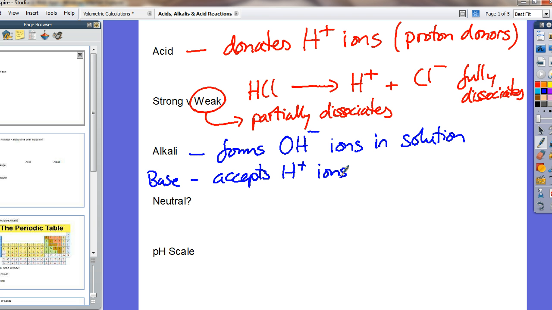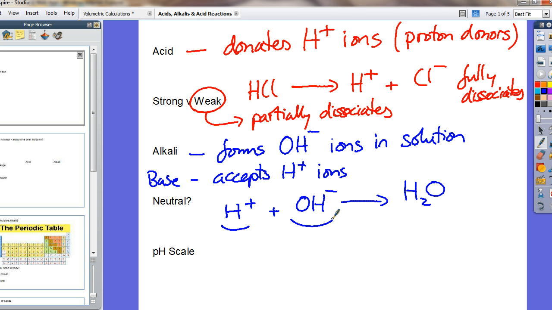So you can see that acids and alkalis react by combining H plus and OH minus, and if those combine, we make H2O. And a substance is neutral if there is an equal amount of H plus and OH minus.